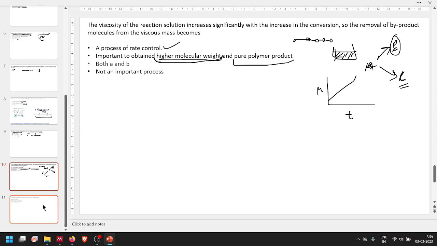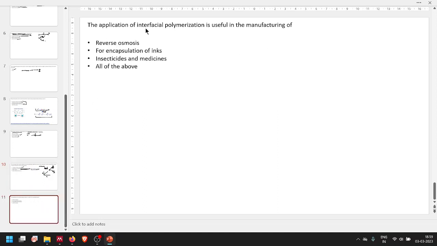Moving on to the last question we have. The application of interfacial polymerization is useful in manufacturing of reverse osmosis, encapsulation of inks, and insecticides and medicines. In reverse osmosis, we have a membrane which selectively separates out solutes and solvents in response to osmotic pressure.